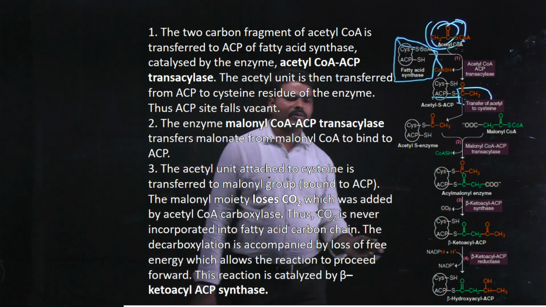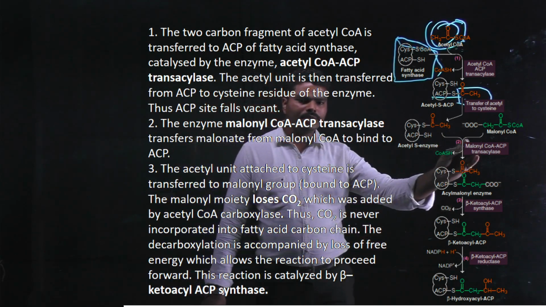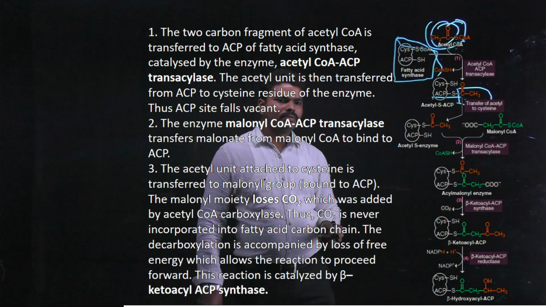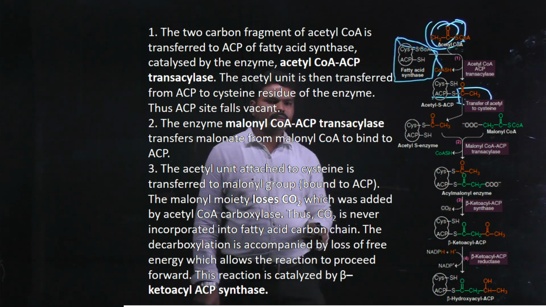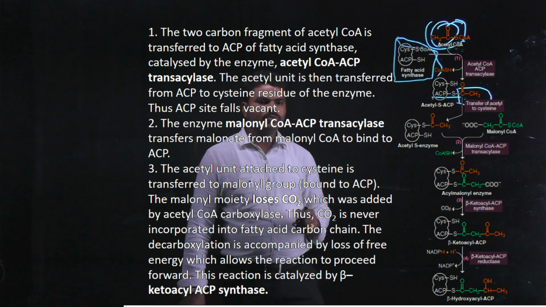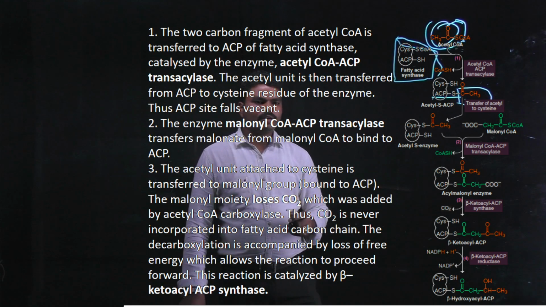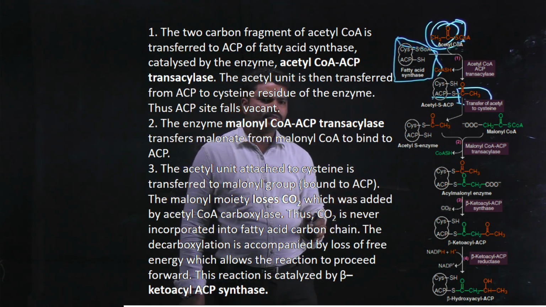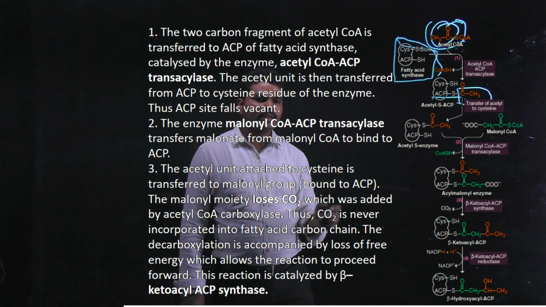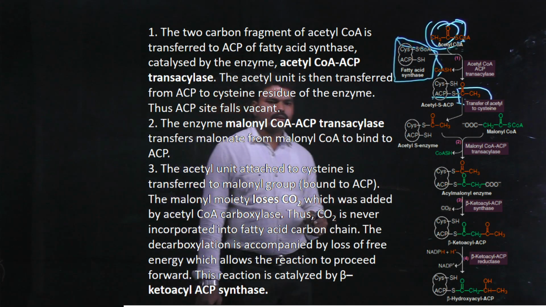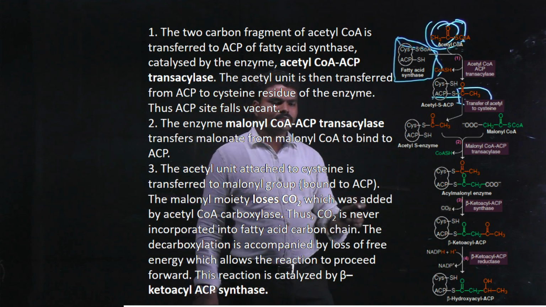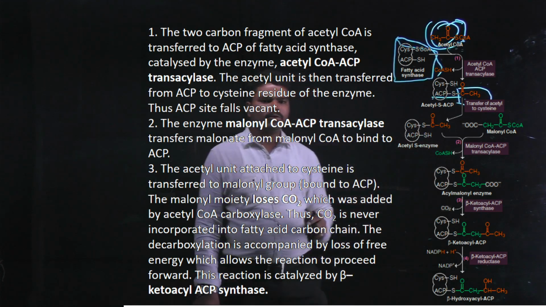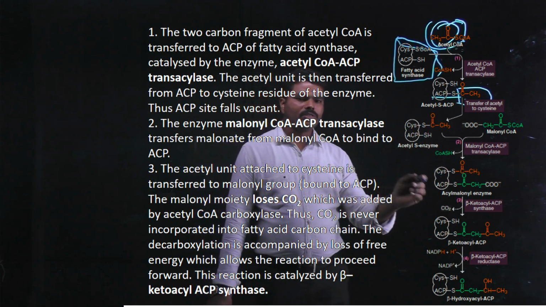This reaction is catalyzed by the beta keto acyl ACP synthase, an enzyme which forwards the conversion of acyl malonyl enzyme to the 2-keto acyl ACP. That is nothing but the transfer of the two carbon chain from the cysteine residue to the malonyl group which is bound to the ACP.